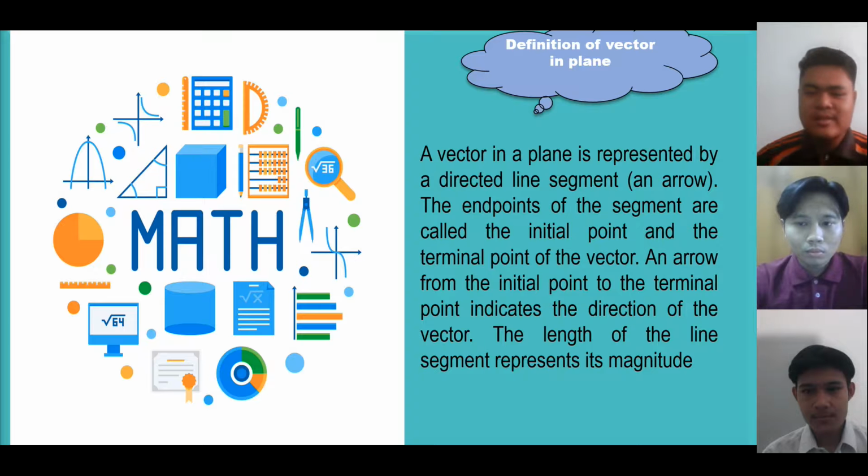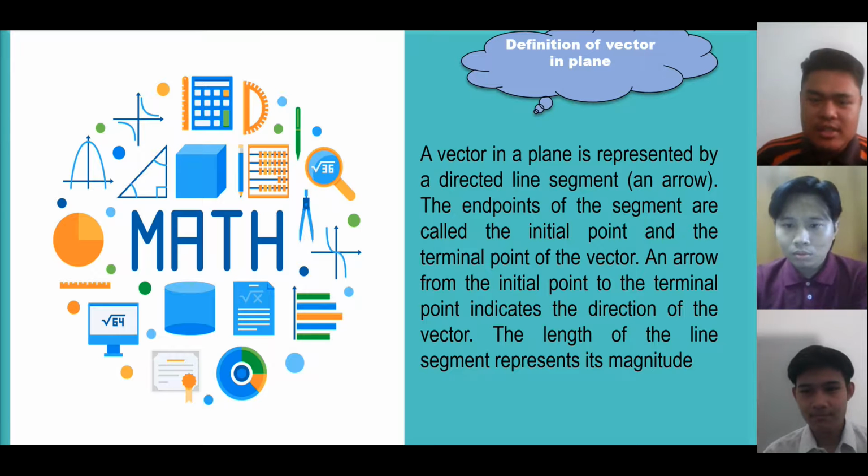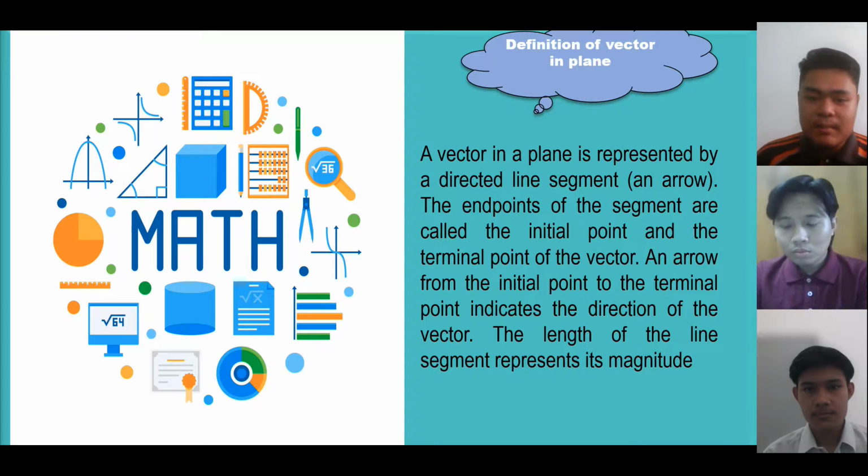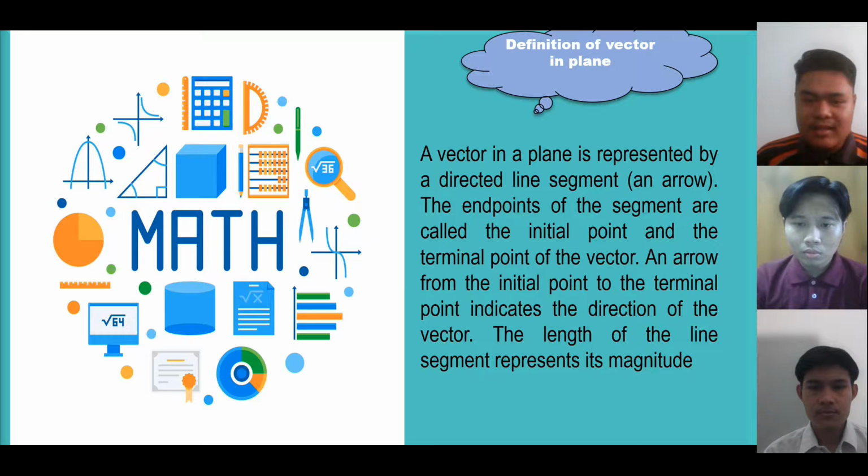Today, we are going to cover the topic of the vector in plane. First, the definition of vector in plane. A vector in a plane is represented by a directed line segment and arrow. The endpoints of the segment are called the initial point and the terminal point of the vector.